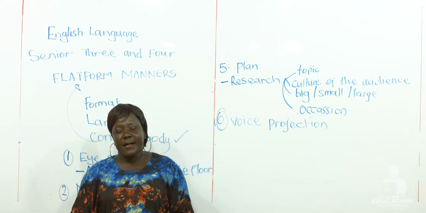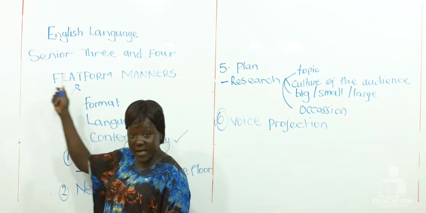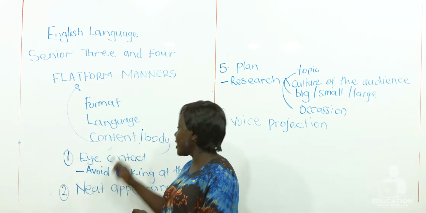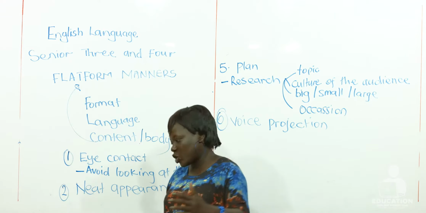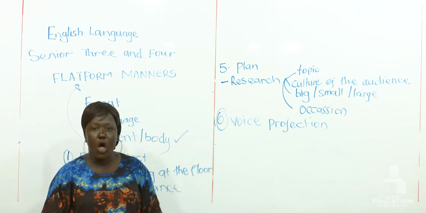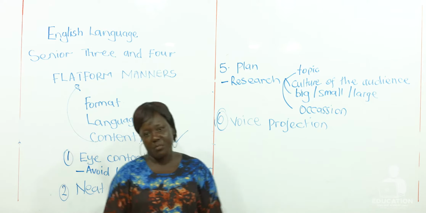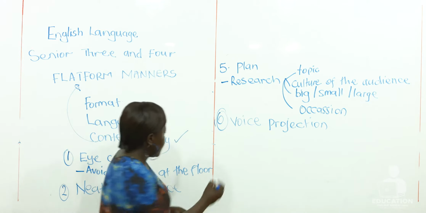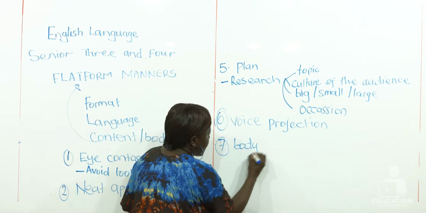Not only that one, let us look at the last platform manner when we are developing the content of a speech or when we are making the actual speech. That is what we call body language. Body language is the last one. Number 7.